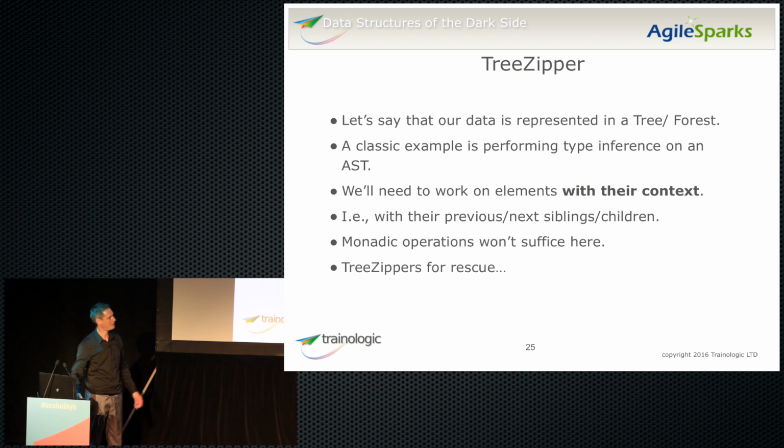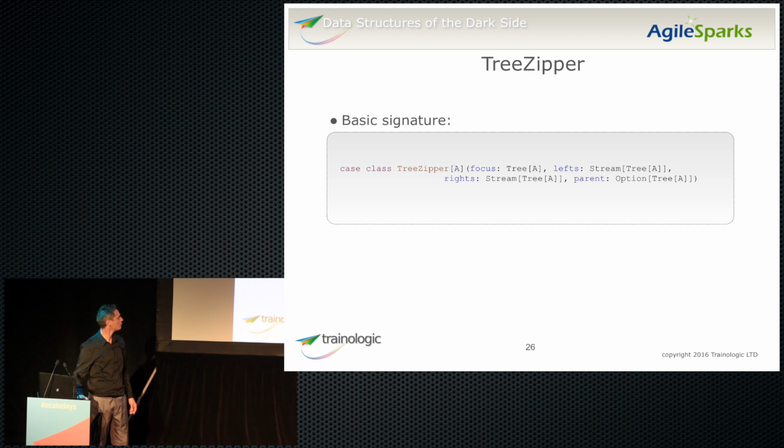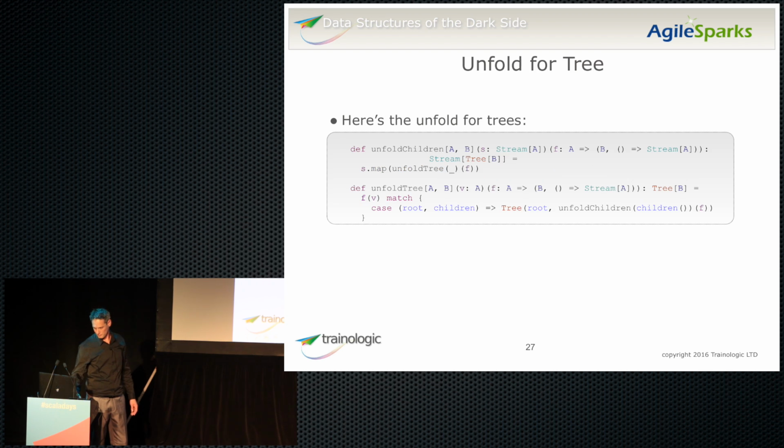For example, type inference on an AST is a classic example for working with TreeZipper. And a TreeZipper, again, has a focus. This is a simplified TreeZipper using a regular tree and not a forest. Left is a stream of trees, right is a stream of trees, and the parent an optional tree. And then we can have unfold for tree.